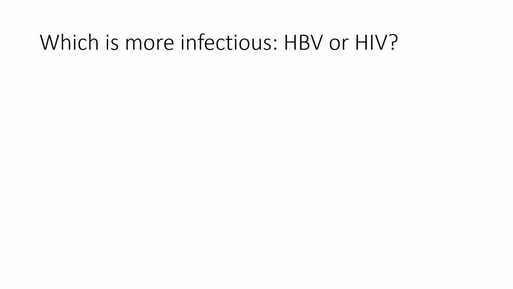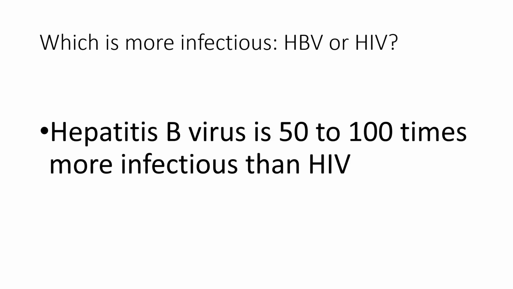Which is more infectious, hepatitis B or HIV? You got it, hepatitis B, 50 to 100 times more infectious than HIV. Again, more than a billion infectious viral particles in 1 milliliter of blood.